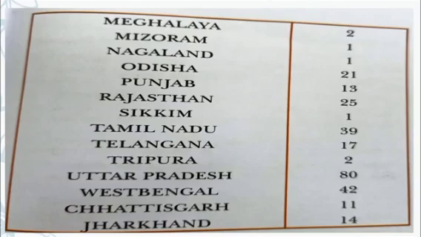In Odisha there are 21 constituencies. In Punjab there are 13. In Rajasthan there are 25. In Sikkim there is 1. In Tamil Nadu there are 39.